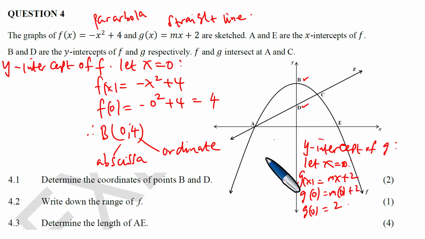This gives us the coordinates of D: x is 0 and y is 2. In the same way, the 0 is called the abscissa and y is called the ordinate. So the answers are B has the coordinates 0 and 4, and D has the coordinates 0 and 2.